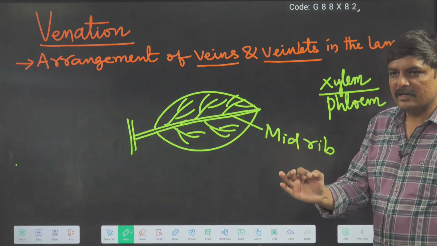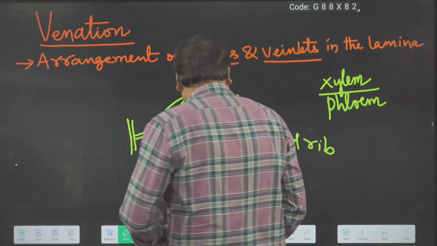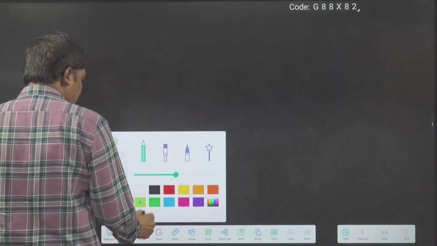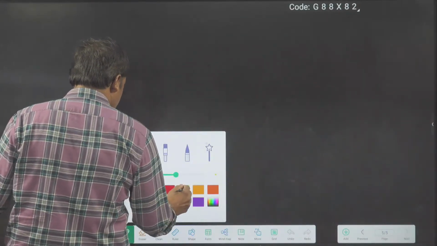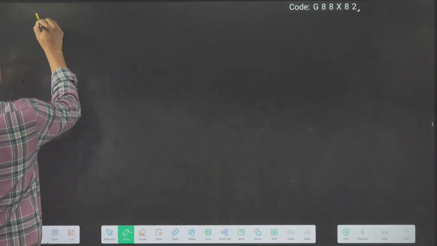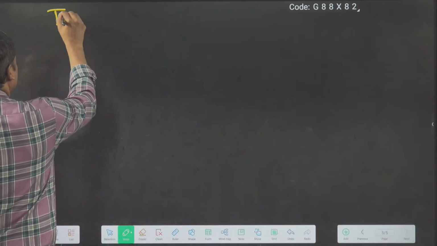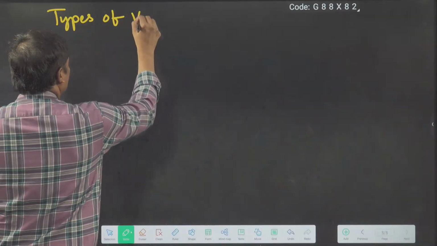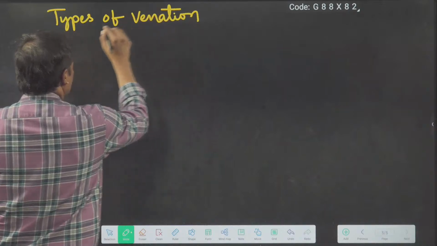Now let us see types of venation. Venation is of two types. Types of venation.